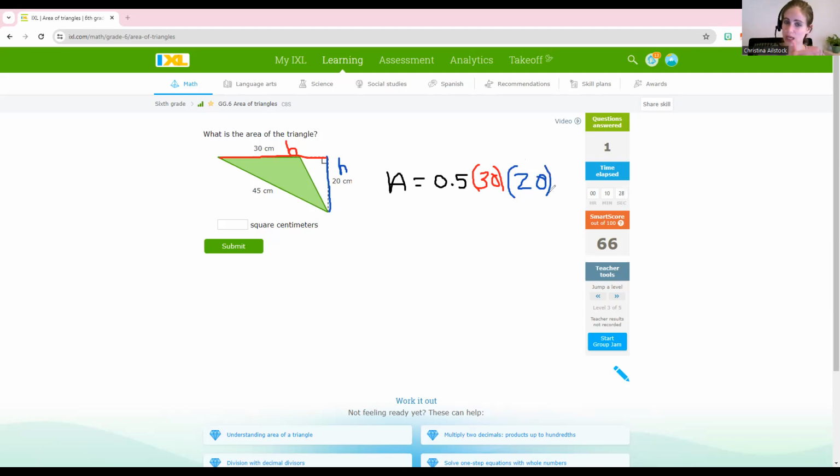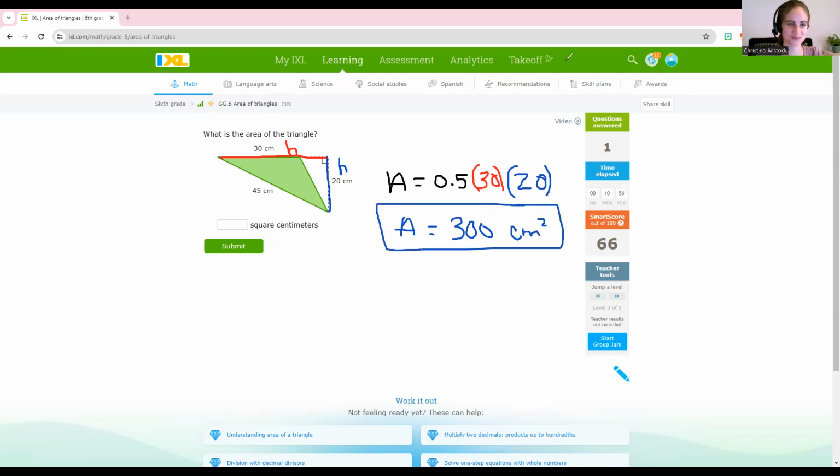Notice that the numbers do get a little larger as you go higher up into the SmartScore, but that's okay. You can do it by hand or you can use a calculator. All multiplication, let's plug that right in. So 0.5 times 30 times 20 gives us an area of 300 square centimeters.